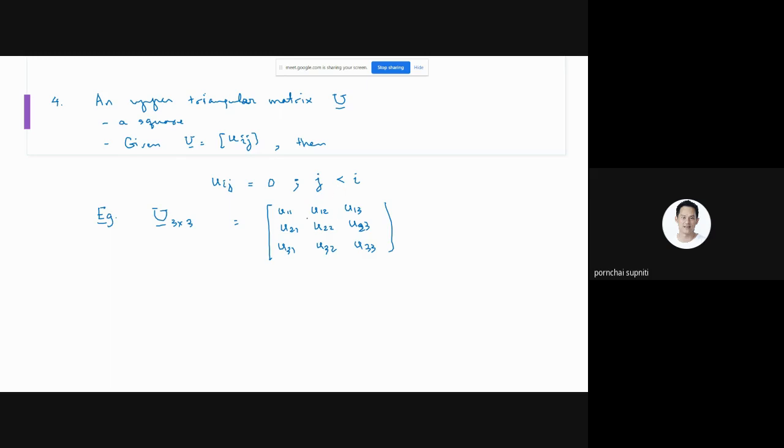So this is the diagonal line. For this diagonal line, i is equal to j. Above this, we saw it already that i is less than j. So you can guess that for i greater than j, which is here, in this triangle, it's all 0.